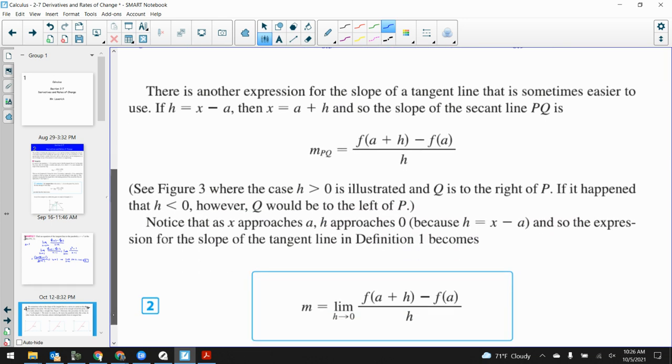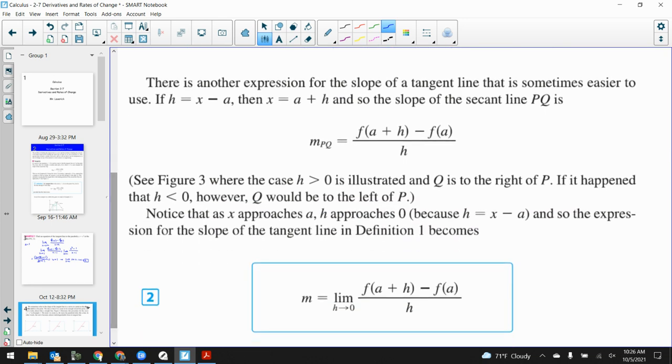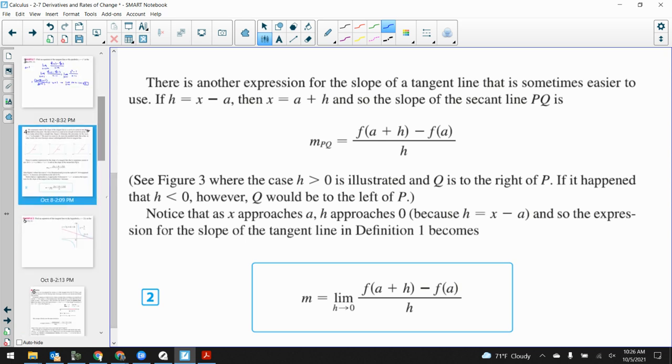Okay. Now, there is another expression that I would suggest you write down for the derivative, for the slope of the tangent line, and it's right there on the bottom, and I'm going to explain it in a second. Because these two equations are used interchangeably. The whole f of x minus f of a over x minus a is also used in conjunction with this.